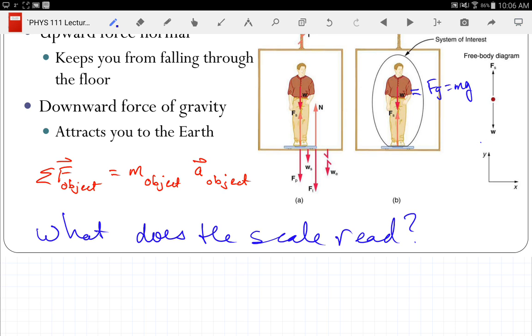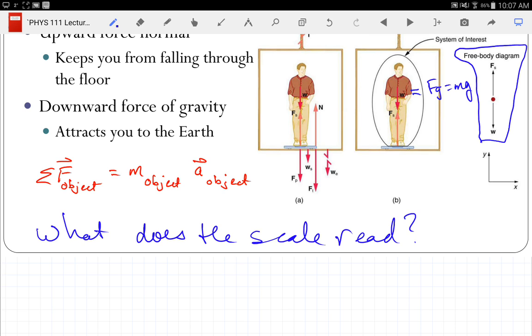This picture over here is called a free body diagram. What that has done is it has taken the object that we're looking at, in this case the man, and said, okay, this dot is the object. And now I'm going to draw all the forces that are acting on the object.